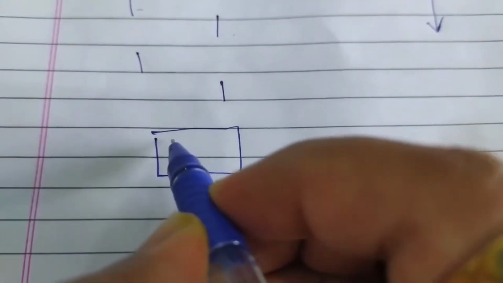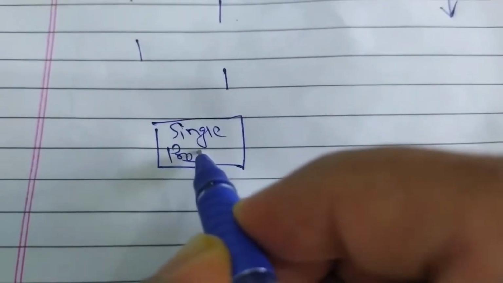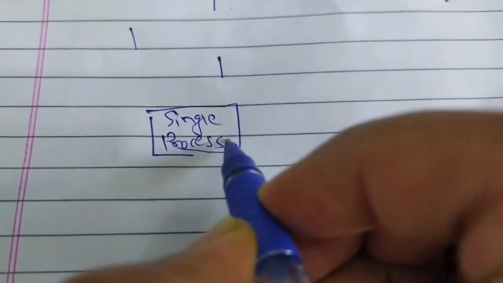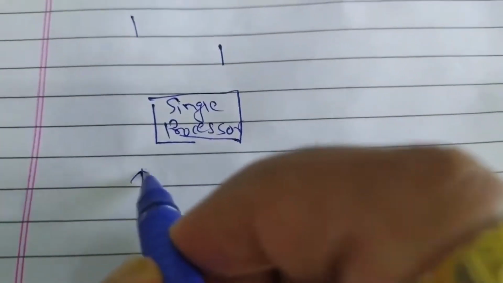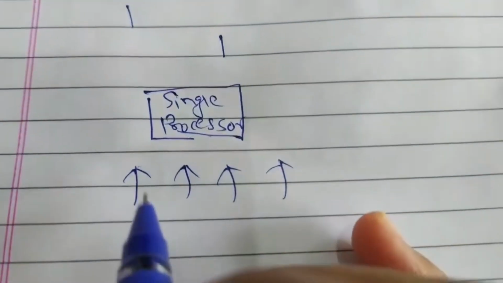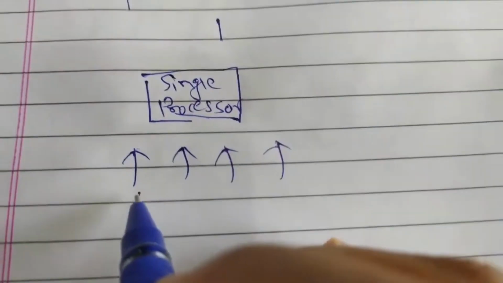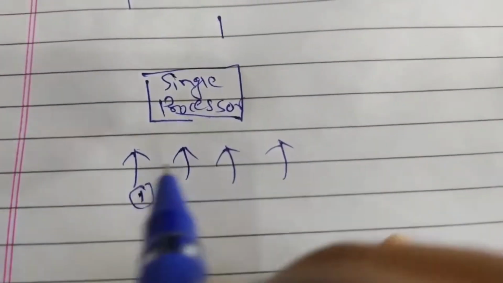So in computer science, for example, when we have a single processor and we have to perform multiple tasks, what will we do? The processor will execute a task for a certain time. Suppose it takes 1 millisecond, then it will stop.